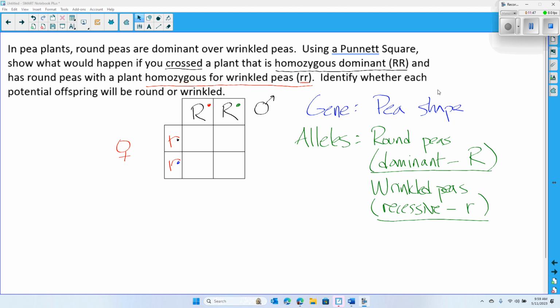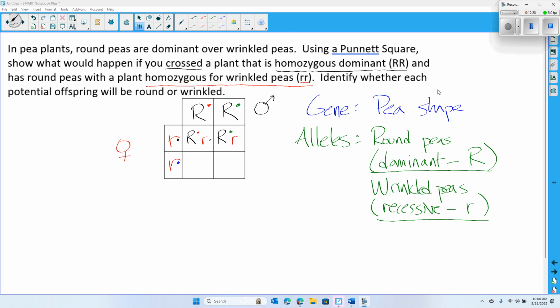So for this box on the upper left, that represents the case where one of the dominant alleles from the male parent fuses with one of the recessive alleles from the female parent. In this case, the dominant allele is the one that we labeled with the little red dot, and the recessive allele is the one that we labeled with the black dot. In the box on the upper right, that represents the case where one of the dominant alleles from the male parent fuses with one of the recessive alleles from the female parent, but this time, the male parent's allele is the one that we labeled with the little green dot.